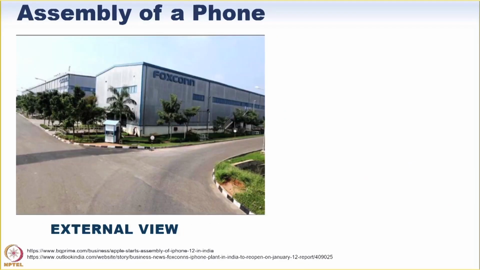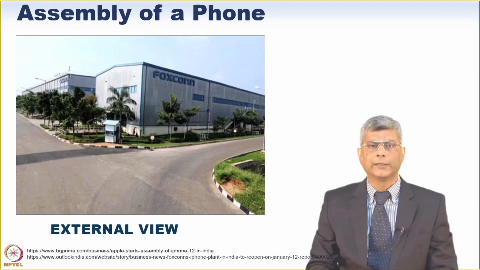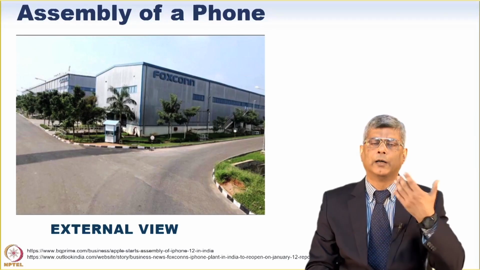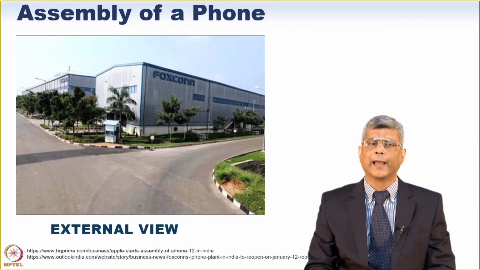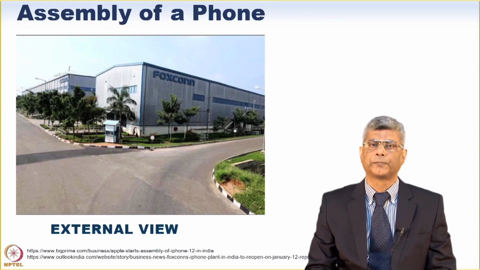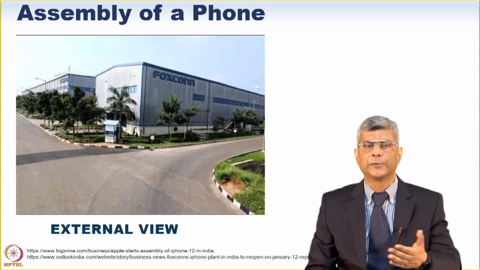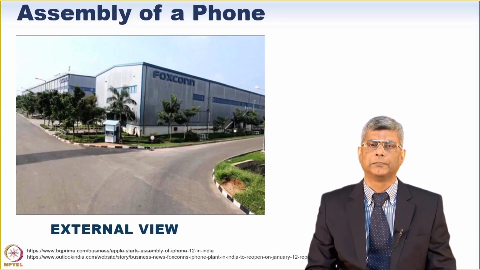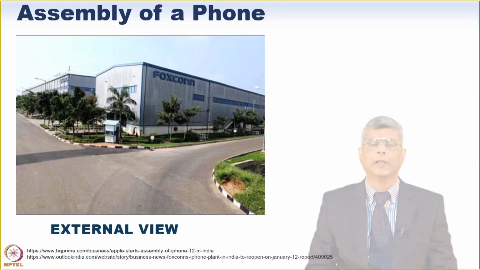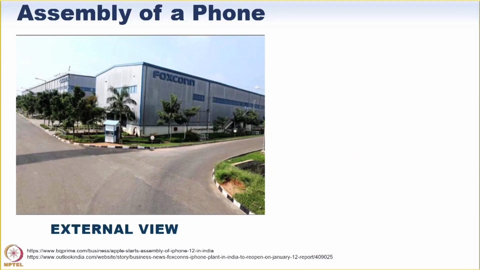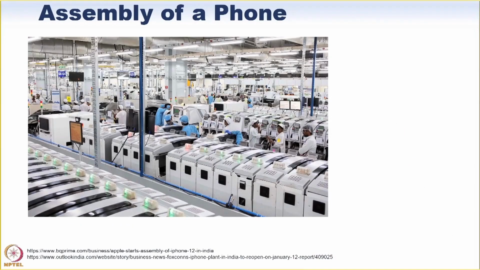Let's look at a phone. So again, this is how an assembly line or a factory can look. And you should go on field trips and have a look at such factories. I'm going to show you the inside of a phone factory.